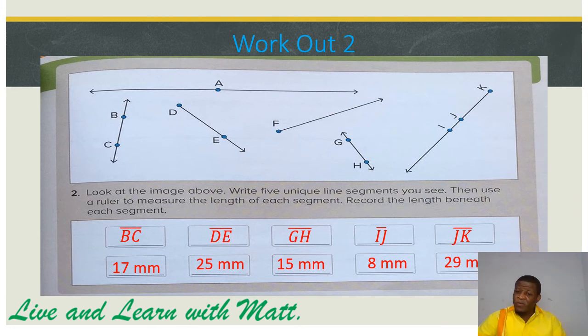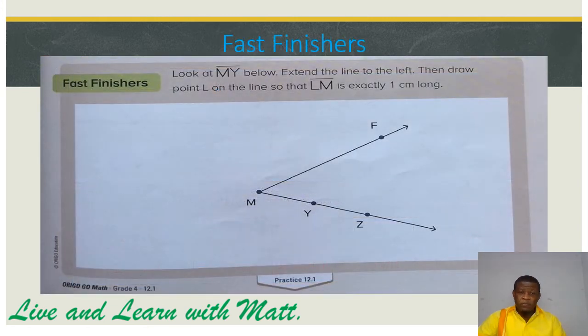Before we go to the fast finishers, now to the fast finishers, look at line MY. Line MY from here, M to point Y. Now, extend the line to the left.